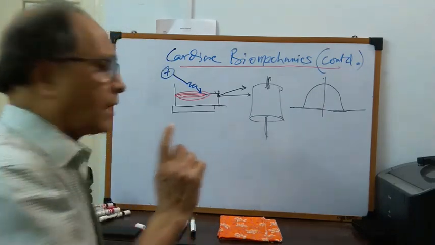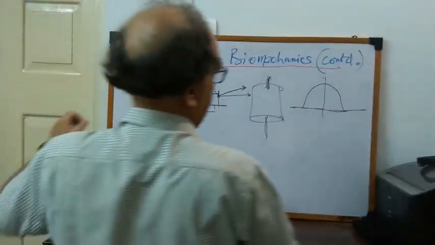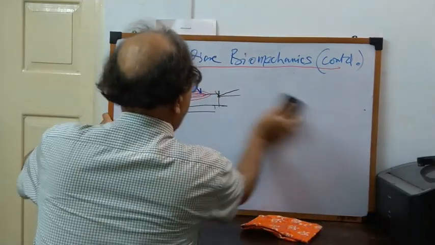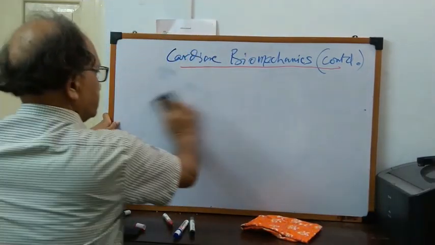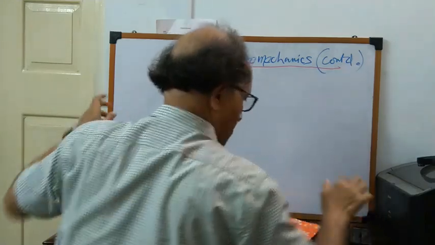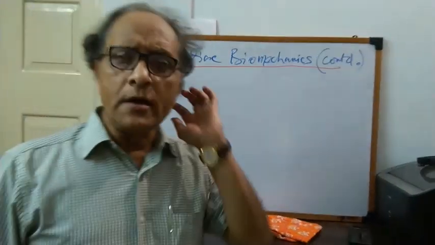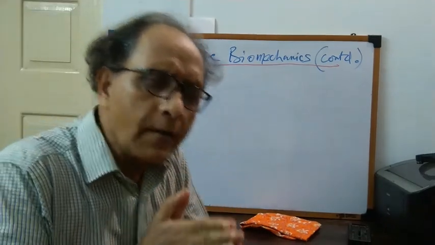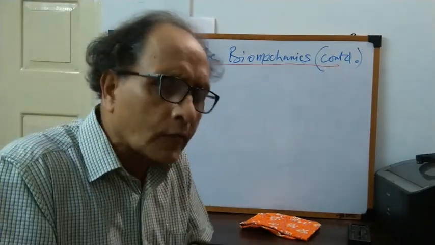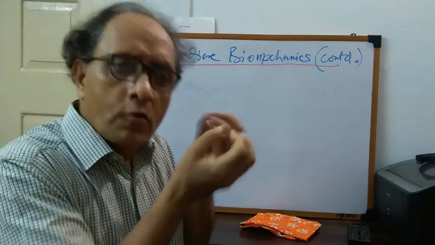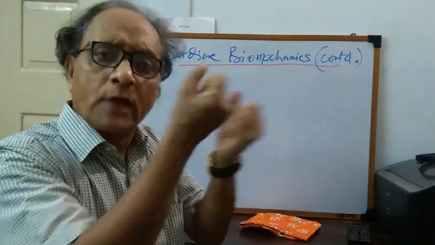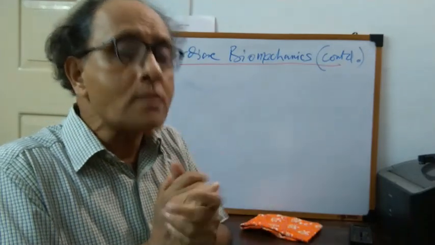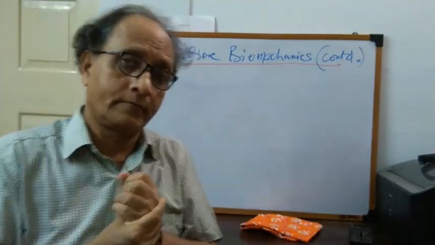Now I would like to make one very important point here. Although we are calling it an isotonic contraction, that means a muscle strip upon application of a stimulus, due to a small load, can overcome the load, and thereby it is shortened and some work is being done, and that is isotonic contraction.